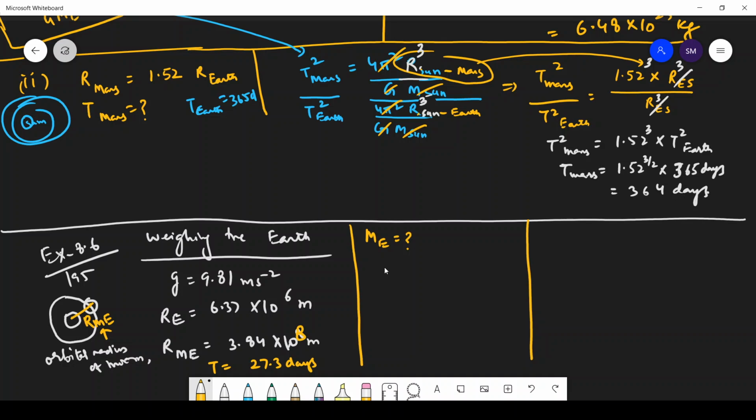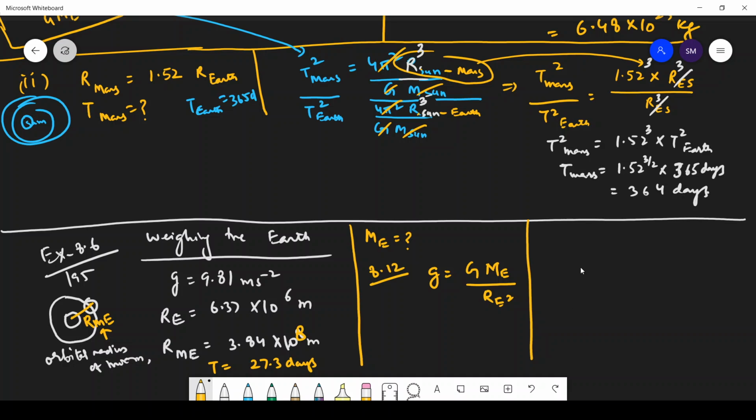So first is by the formula given by equation 8.12: acceleration due to gravity is given by G M_E upon R_E square. Students, these are the two important formulas.